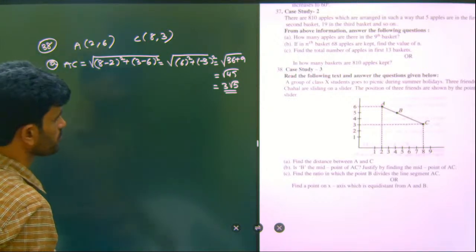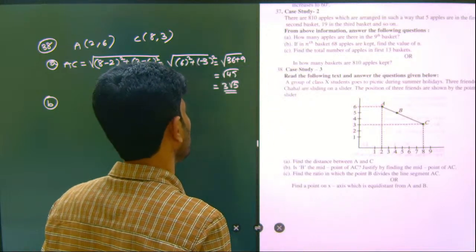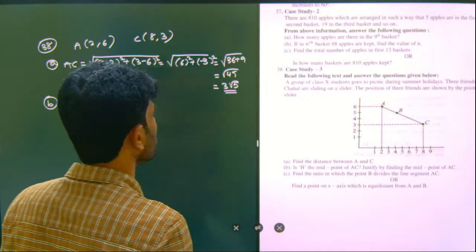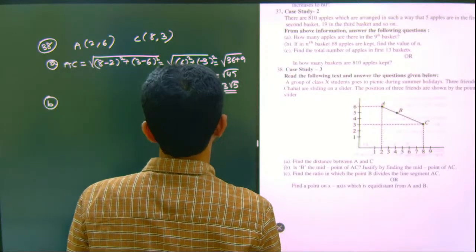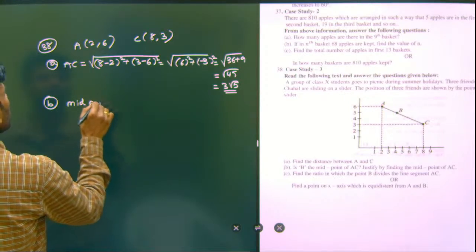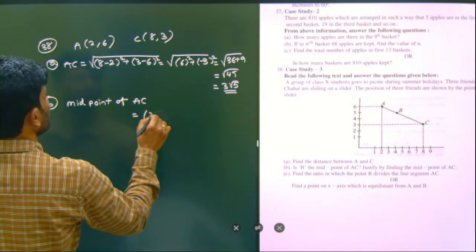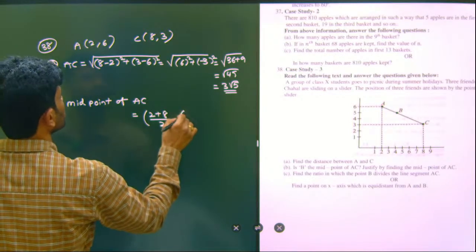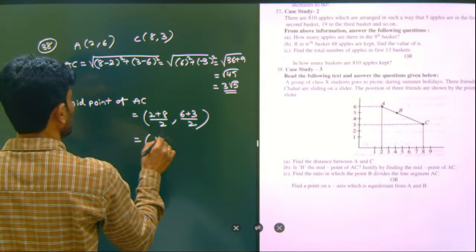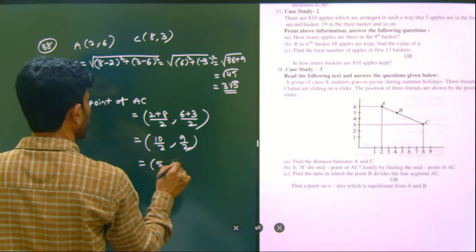What is B? In B, B is the midpoint of AC. Justify by finding the midpoint of AC. So find out the midpoint of A and C. That is 2 plus 8 by 2, 6 plus 3 by 2, which is 10 by 2, 9 by 2, which is 5, 4.5.